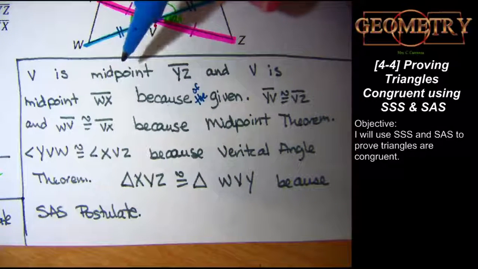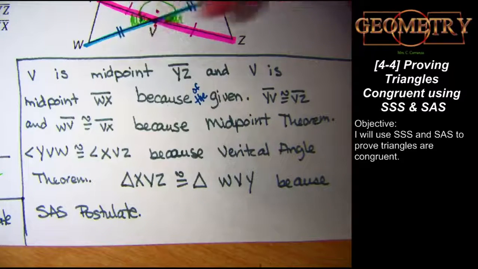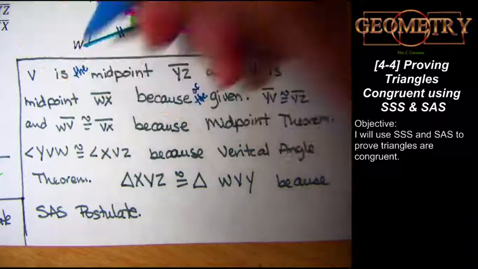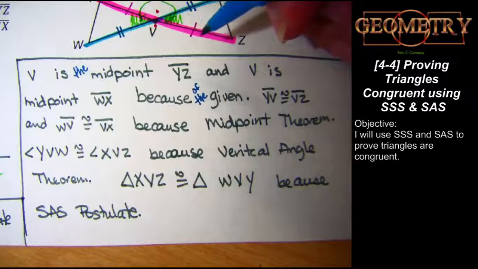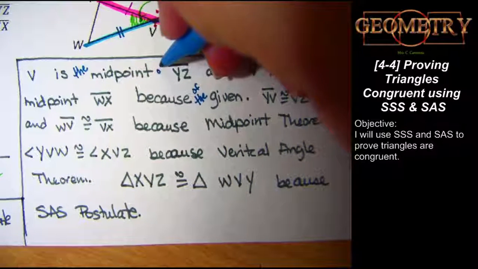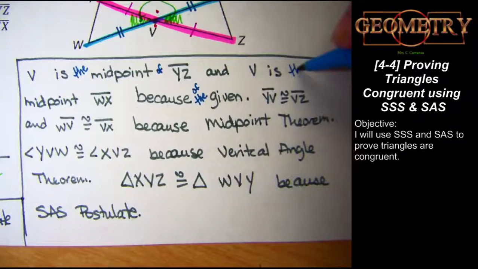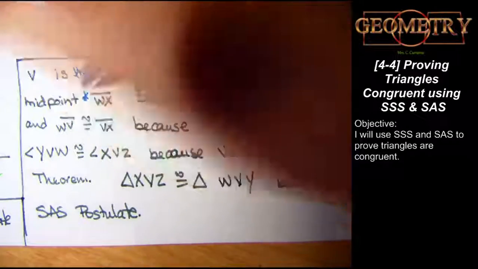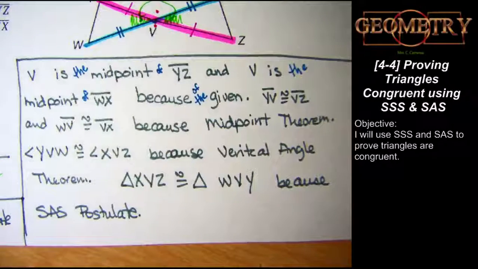V is the midpoint of line segment YZ. I did that for the rest of the sentence. Line segment YV is congruent to line segment VZ, and line segment WV is congruent to line segment VX because of the midpoint theorem.